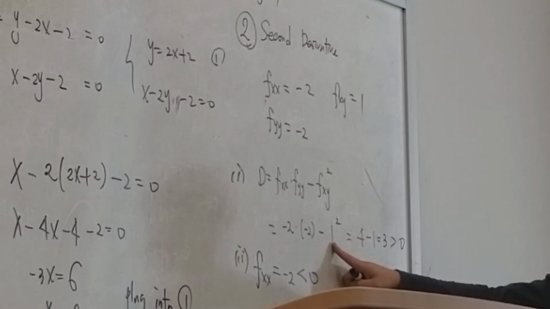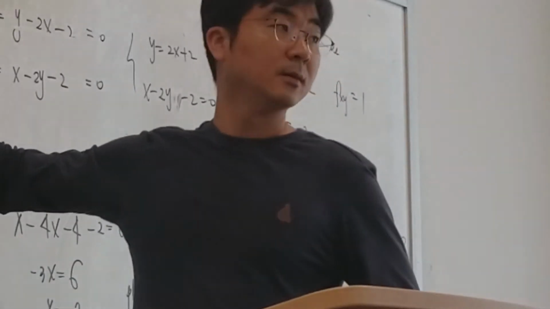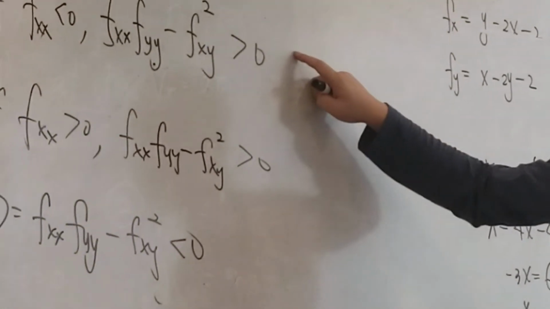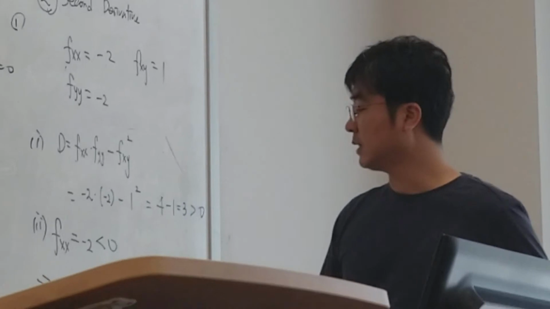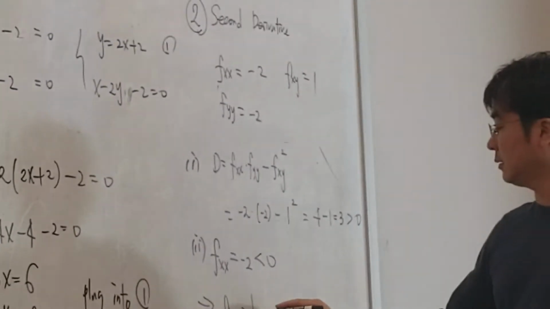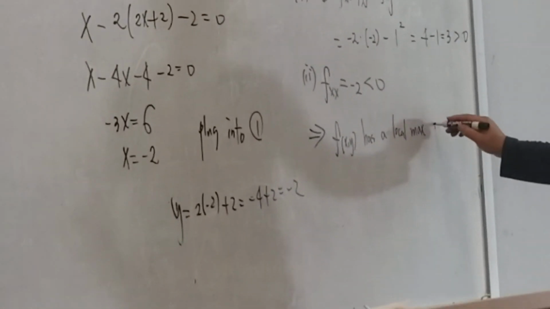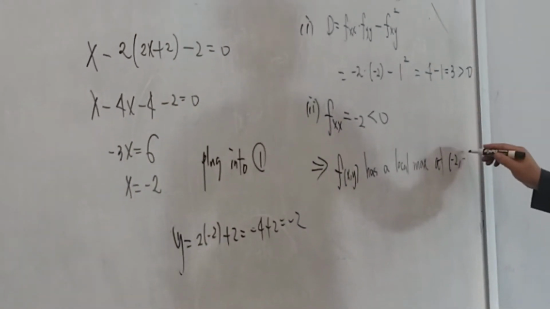Discriminant positive, f_xx negative. It satisfies the first condition, right? Therefore, by the second derivative test, f has a local maximum at my critical point, which is minus 2, minus 2.